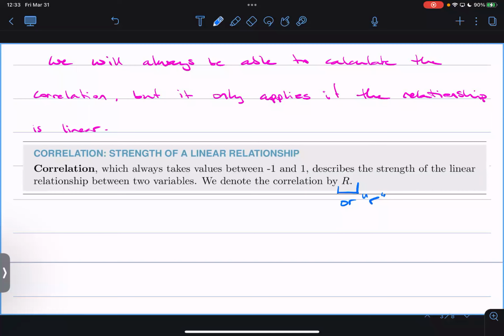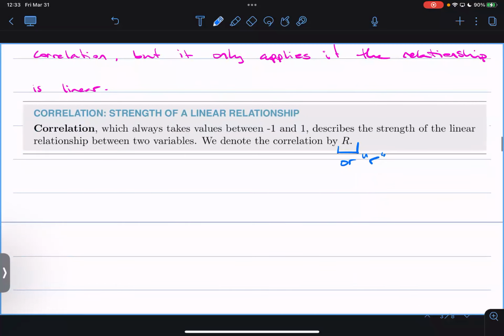All right, so correlation, I like to visualize it on this number line between -1 and 1 with a 0 in the middle. Now, what's going to happen is a correlation of -1 is a perfect linear relationship, but with a negative slope, right?